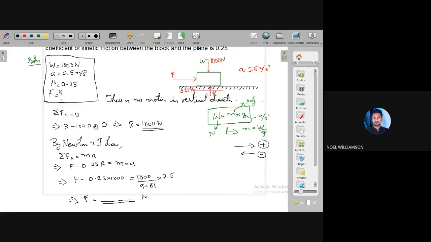Here the ordinary sign convention is used. That is, towards the right it is positive, towards the left it is negative, towards the top it is positive, and towards the bottom it is negative.